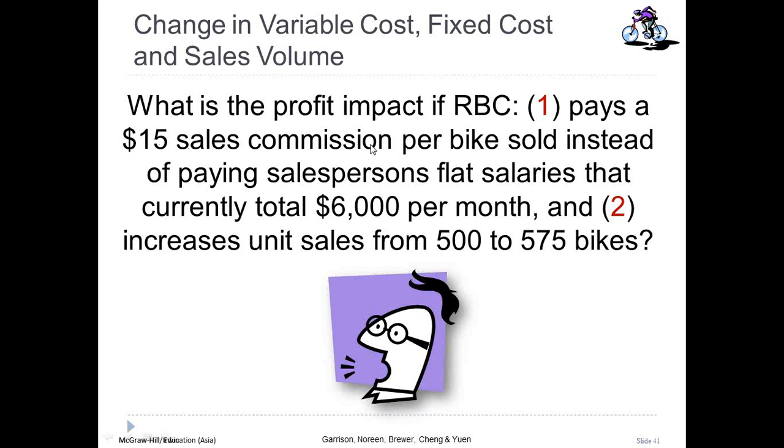We're going to pay a sales commission per bike instead of paying salaries that don't change. So the salary base is $6,000. It doesn't matter whether they sell bicycles or not, they get this number. Now we're going to change it to a commission and increase the unit sales from 500 to 570.